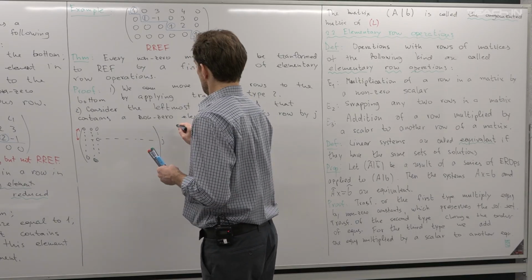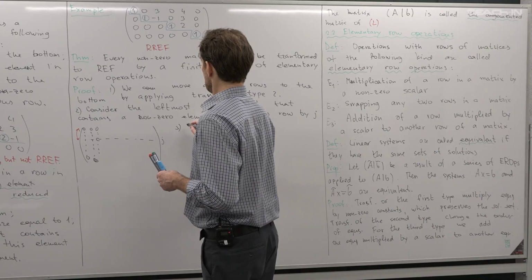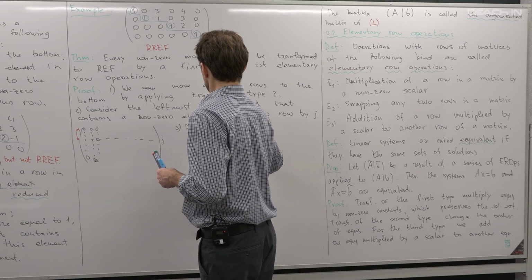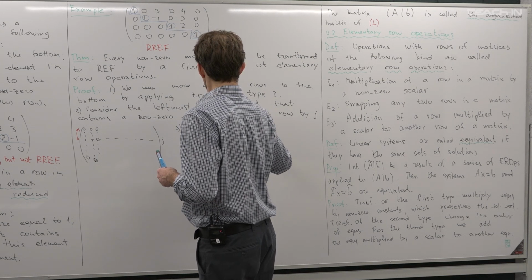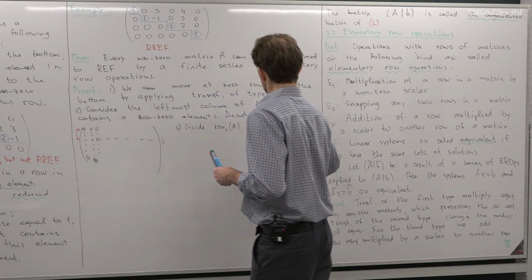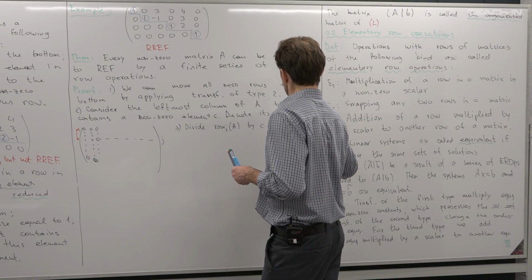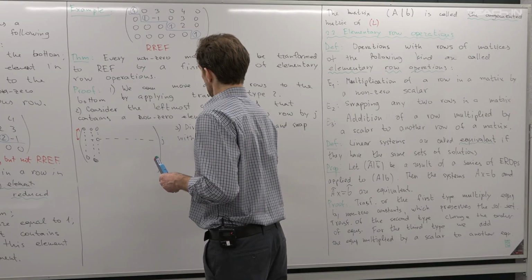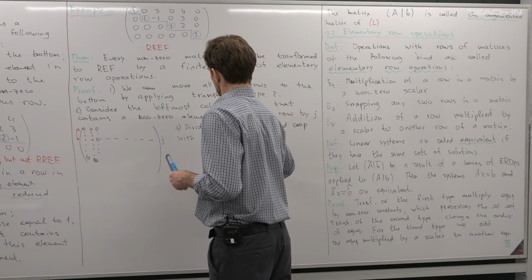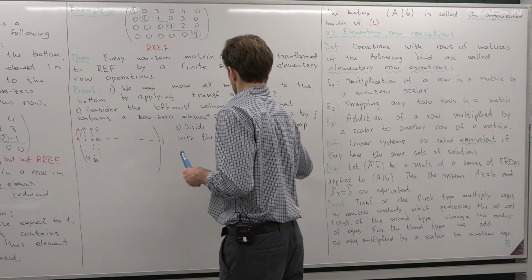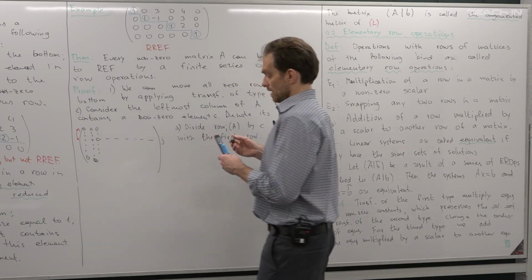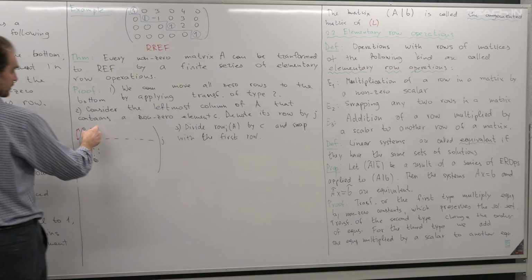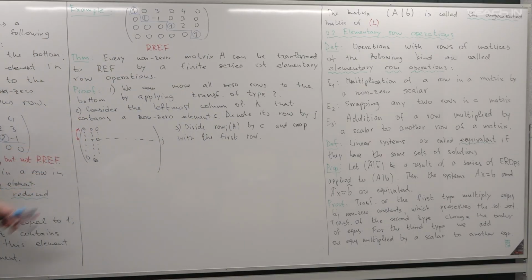So divide row J of A by C and swap with the first row. After having done this, we are going to have something non-zero there in the first row.